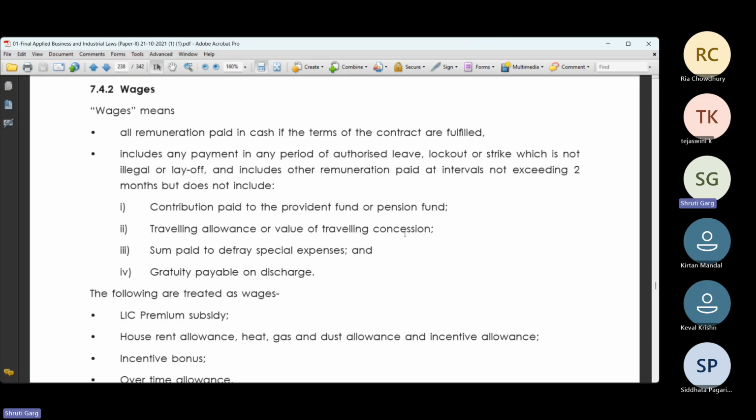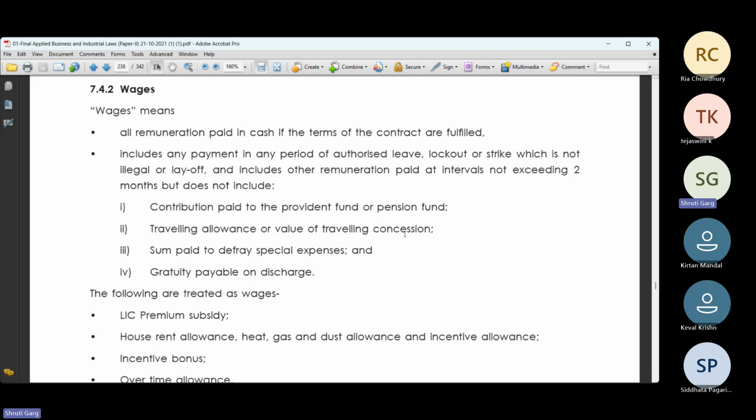And it includes other remuneration paid at intervals not exceeding 2 months.